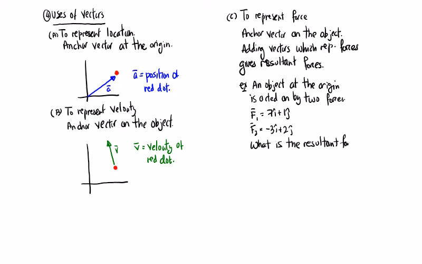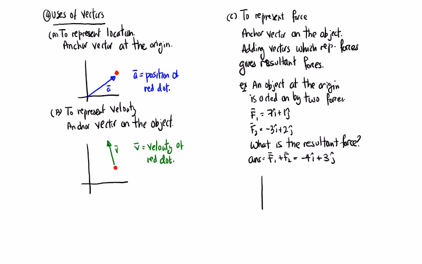In other words, if both of these forces act on the object, if you combine these, what's the result? And the answer here is simply F1 plus F2. I'll draw a picture so we see. And this will be negative 4i, I'm just adding components, plus 3j.